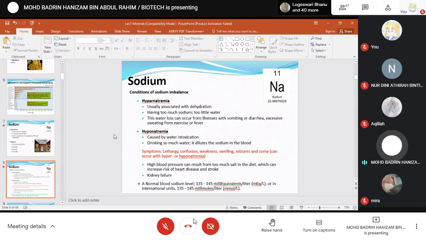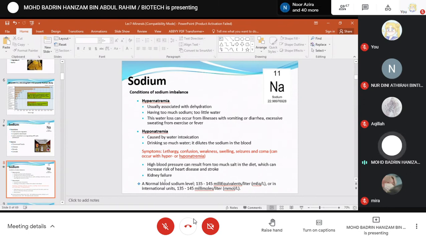Okay, what are the symptoms? It can cause lethargy, confusion, weakness, swelling, seizures, and coma. It can occur with hyper or hyponatremia. Both can cause these symptoms. High blood pressure can result from too much salt in the diet. You know that when you have high blood pressure, hypertension, you cannot take too much salt in your diet, which can increase the risk of heart disease and stroke.